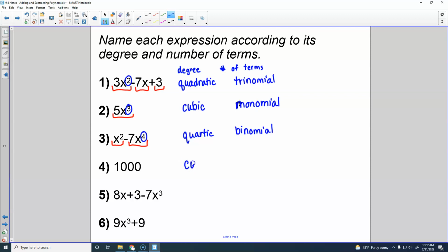Constant. And how many terms do I have? You're always going to have at least one. This one's just one. And what do I call it if I have just one term? It's going to be a monomial.